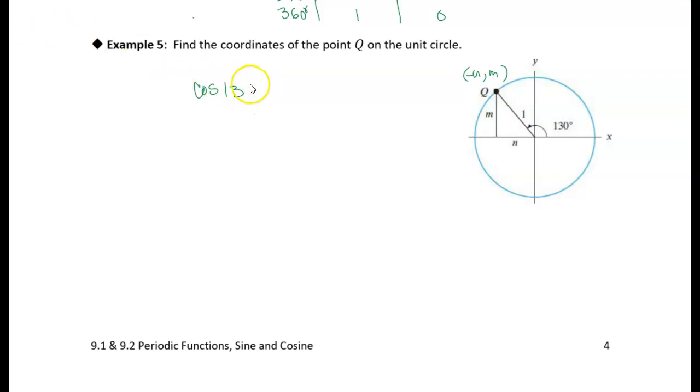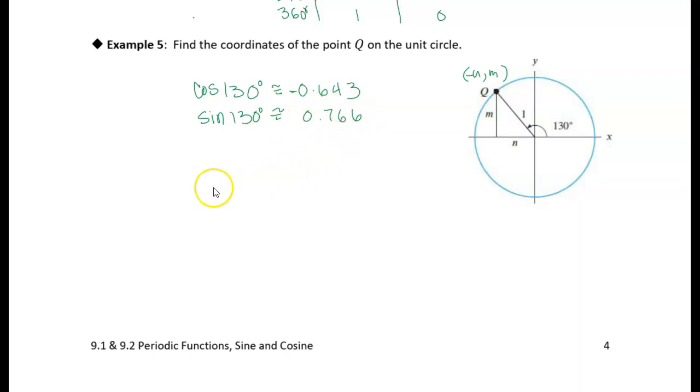So if I calculate the cosine of 130 degrees, put that in my calculator in degree mode, I will get approximately negative 0.643. And I can also calculate the sine of 130 degrees, put that in my calculator, and I get 0.766.